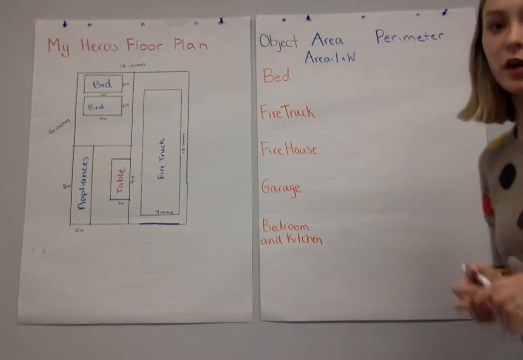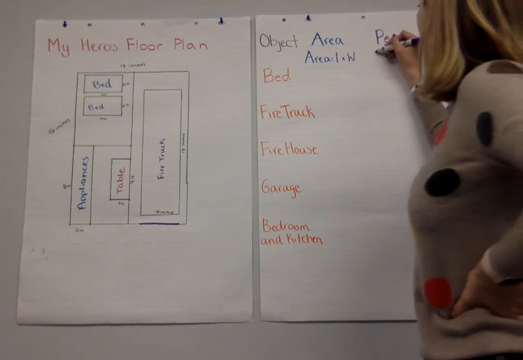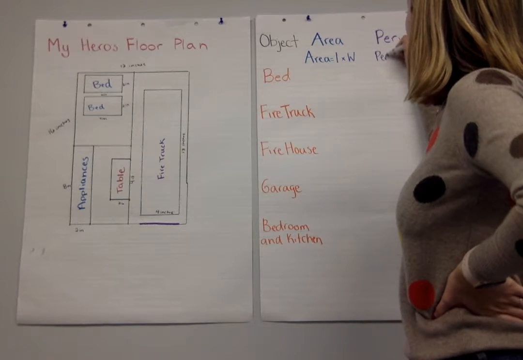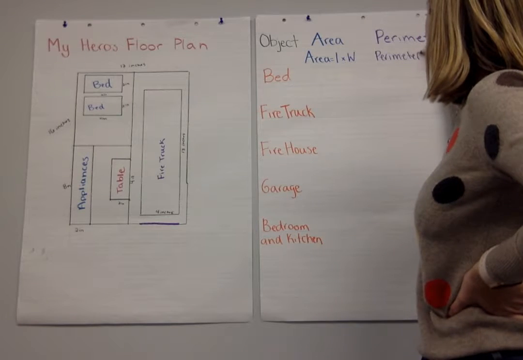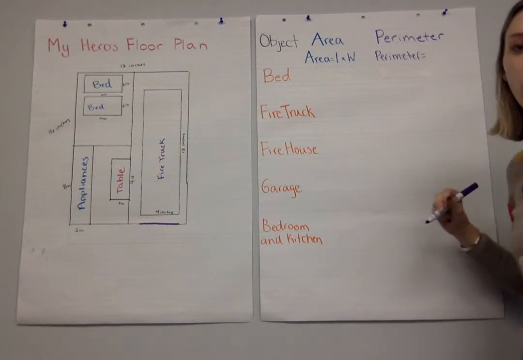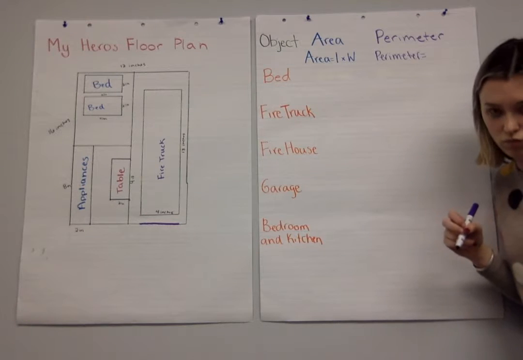What about for perimeter? What does perimeter equal? How do we find the perimeter of a square or a rectangle?